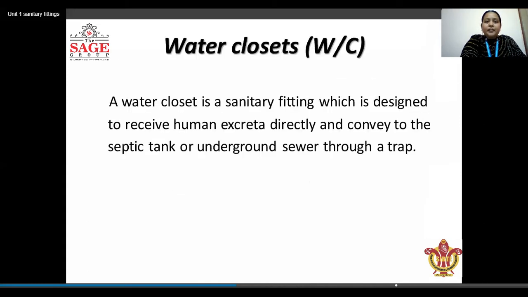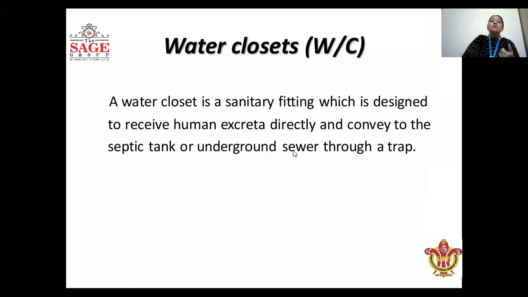Now come to the next topic, that is the water closet. A water closet is a sanitary fitting designed to receive human excreta directly and convey it to the septic tank. We discussed before what the septic tank and underground sewer are. Before conveying to the septic tank, we first bring all the waste to the manhole.